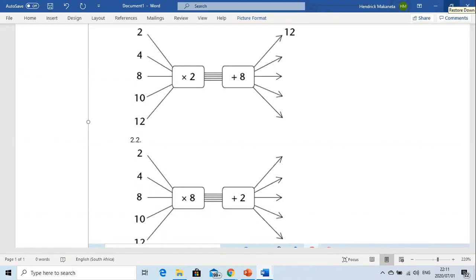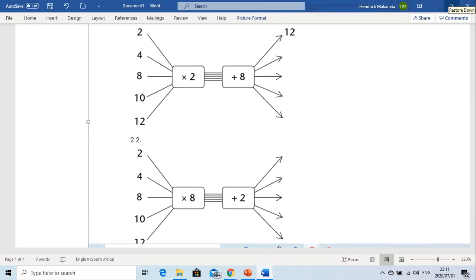So in this first one, you can see that we have got the input here. And then, of course, I want us to use the inputs to find the output. So if you check the first input there, we have 2 in the input value. If you take the 2 there, 2 times 2 will give you 4.